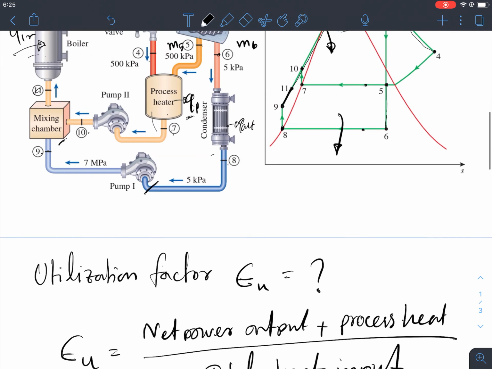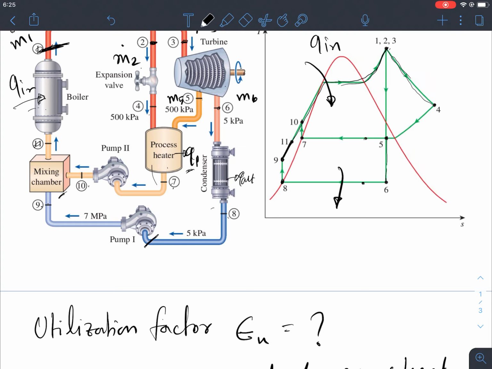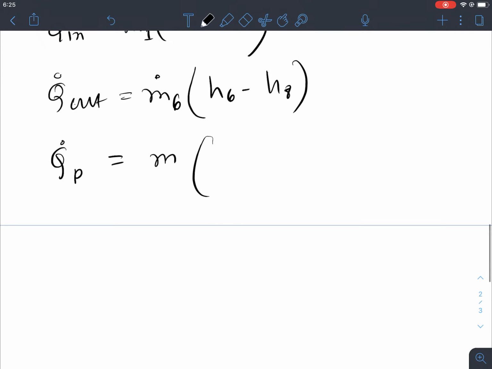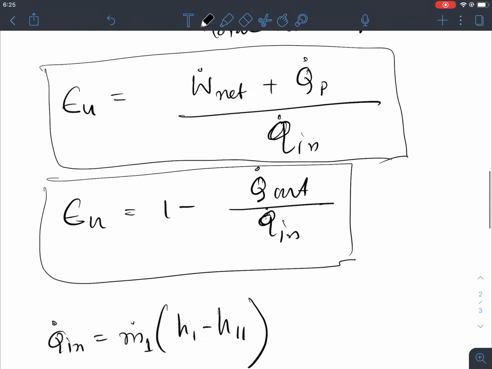And then Q process heating, basically here, is M2 times H7 minus H4, and then M5 times H7 minus H5, okay? M2 times H7 minus H4 plus M5 times H7 minus H5.